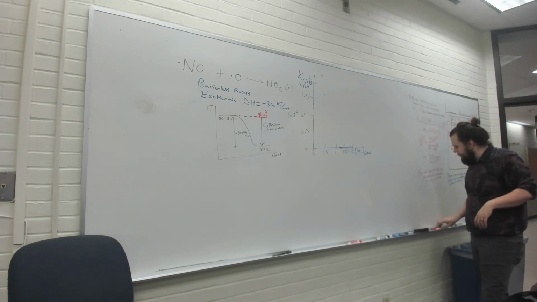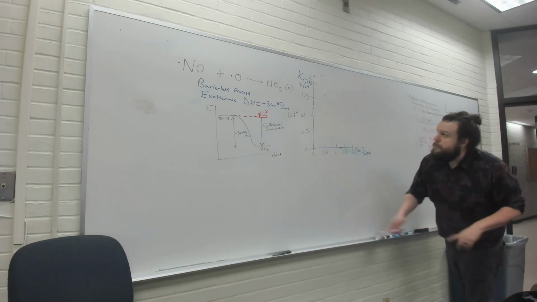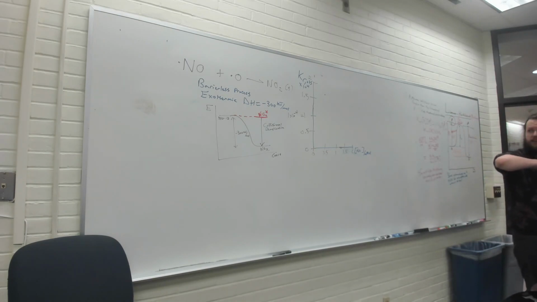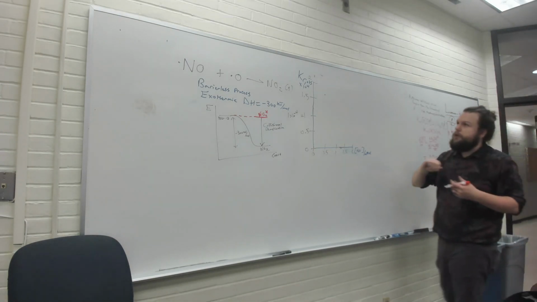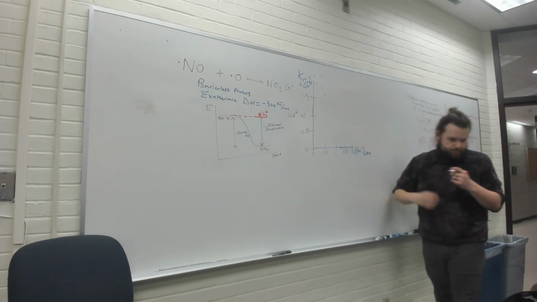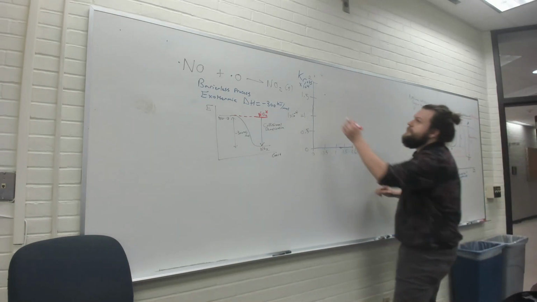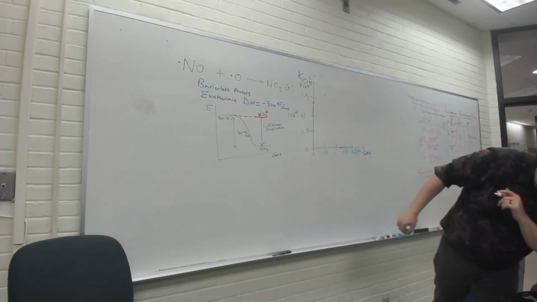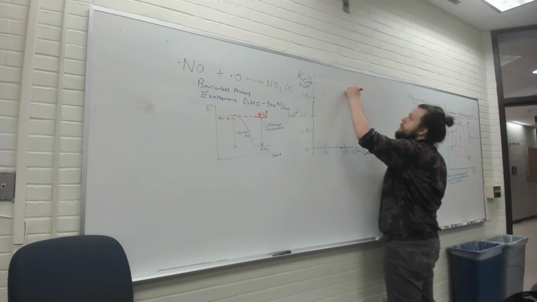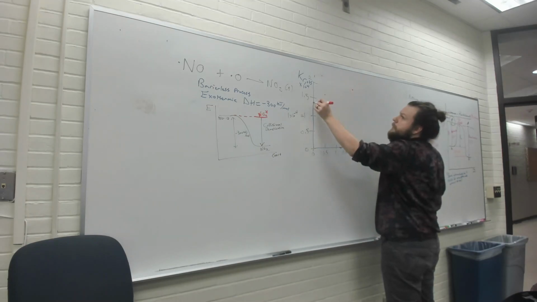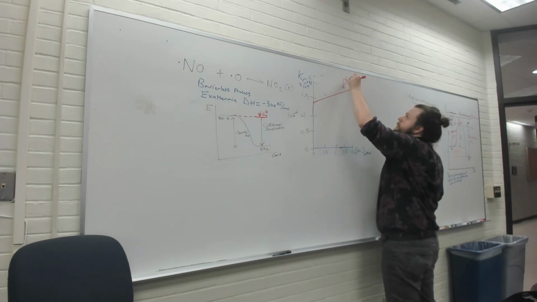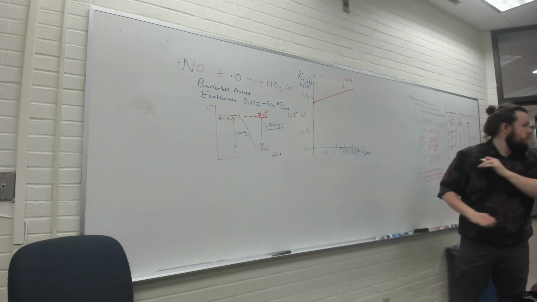And if we predict what this curve would look like, the rate constant versus NO, if we assume unimolecular first order theory, we would predict from Lindemann-Hinshelwood a straight line like this.